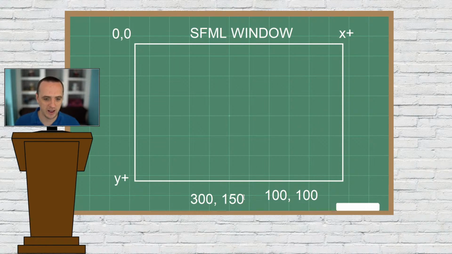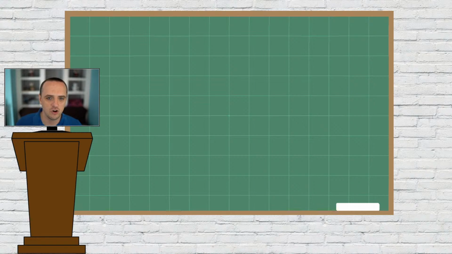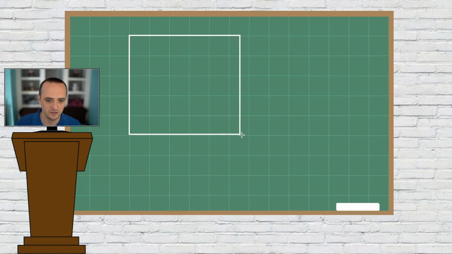So the XY location of 300, 150. Let's pretend that the grid in the background is aligned to 100 pixels each, okay? I'm going to erase this stuff, and I'm going to draw this so that it's actually aligned to a grid here.